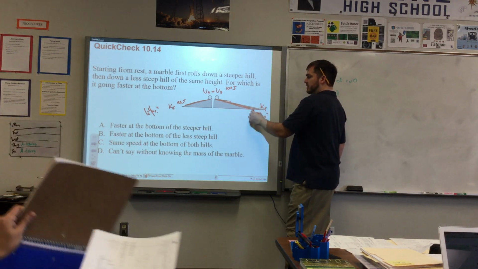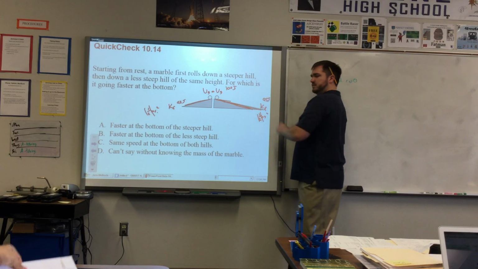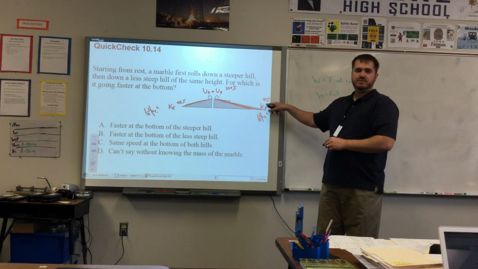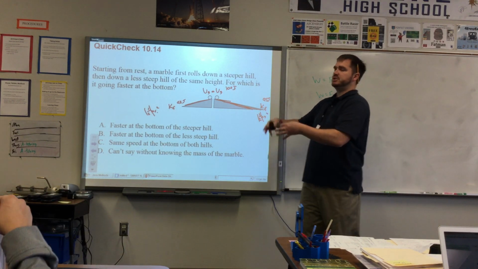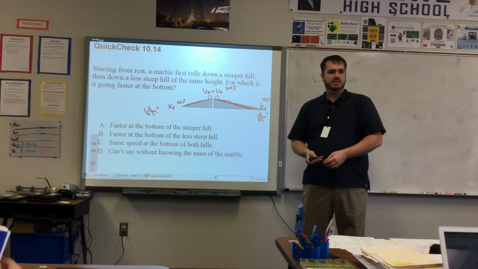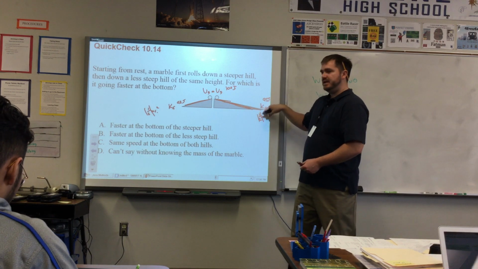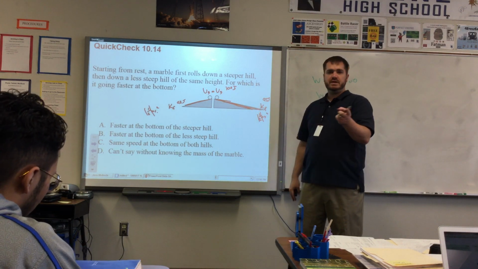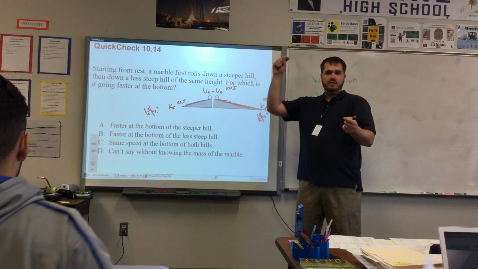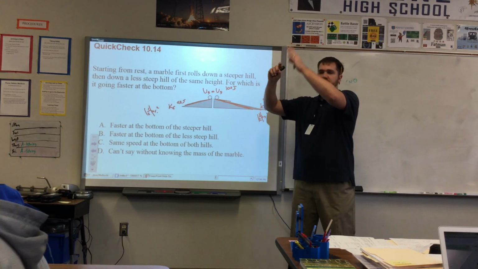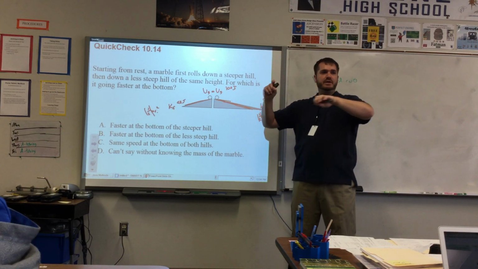This one, since it's longer, will have 95 joules of kinetic energy, and so it will be going slower if friction comes into play, because some of that potential is turned into both kinetic and thermal. Did you play with that on the lab the other day? Yeah. When you turned thermal on, you saw it start eating into the total energy.